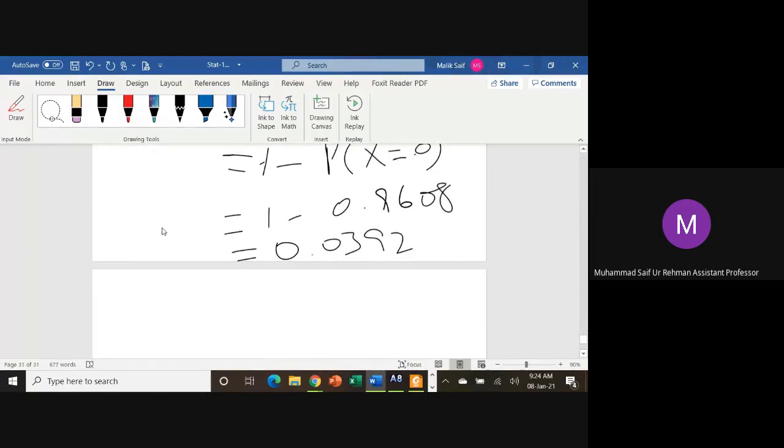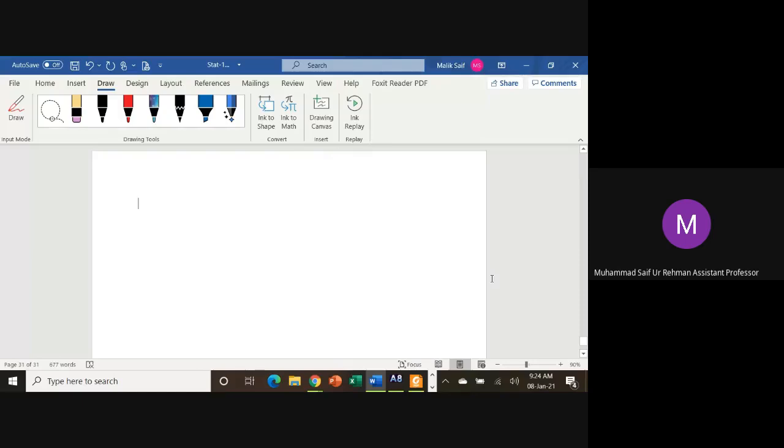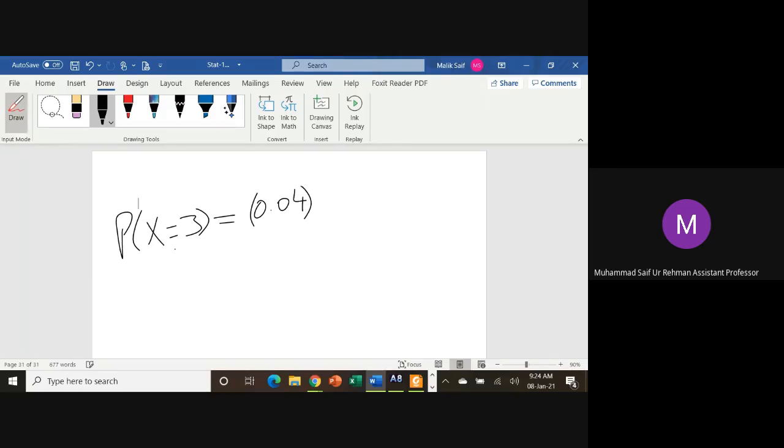Come over here. Now we are interested in finding out the probability that exactly three bags are lost, so x will equal 3. Now you will use the Poisson probability distribution formula, that is mu power x. You have found the value for mu, that is 0.04. You will take the power equal to 3 because you are interested in exactly 3.